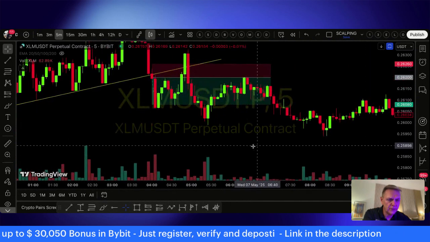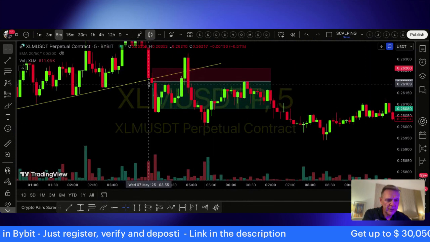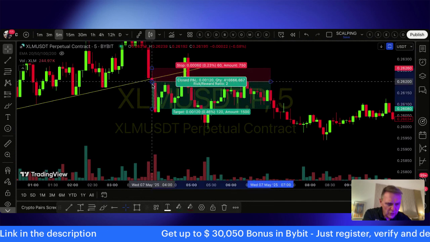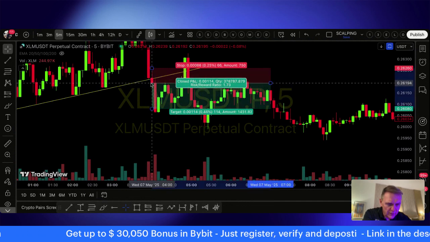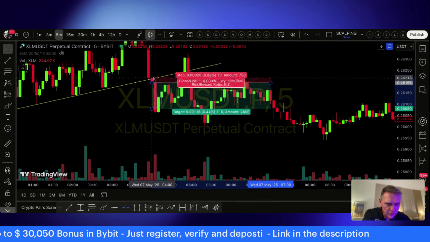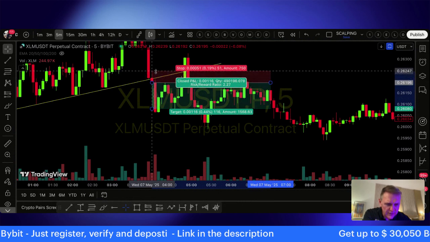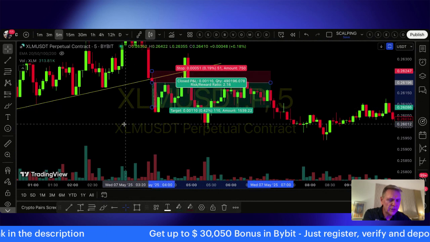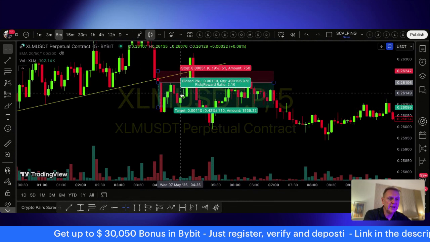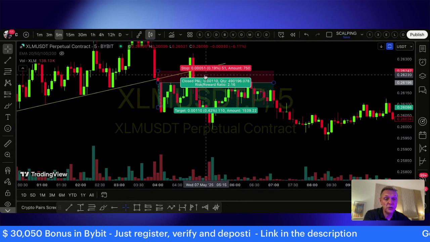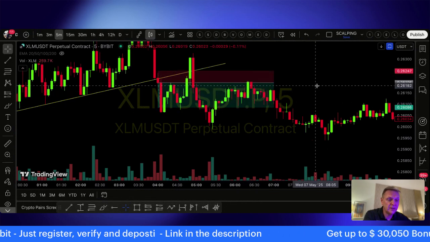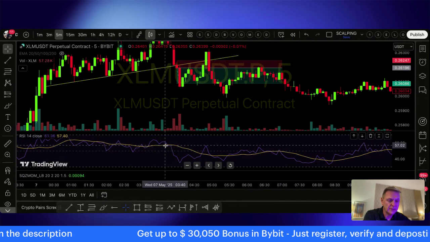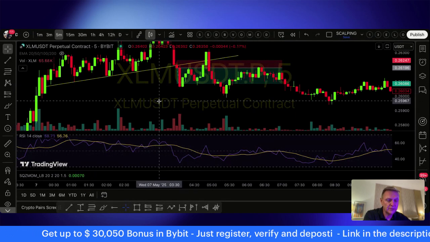Yeah, you would have won this trade. You entered here on the candle close. You could even do it better. Here you enter, you put your stop loss here below the last candle, and you would even have a 2-to-2.7. So you see, you can always make it. Then it goes up and it goes down again. You could even do the trade again here, and also the RSI is telling you here, hey, there's a move to the downside.